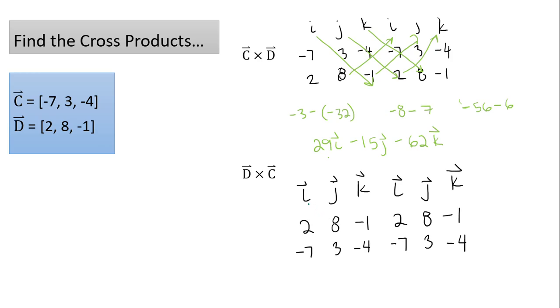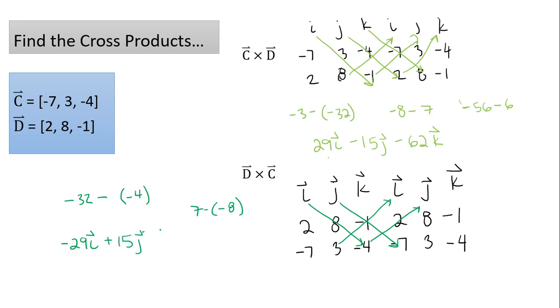So we're going to go down with I, negative 32, minus, we're going to go back up to minus 4, and that's going to give you negative 29I. And with the J, you're going to get positive 7, minus 8, which is going to give you positive 15J.